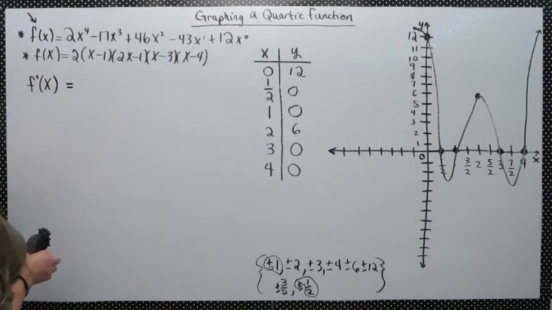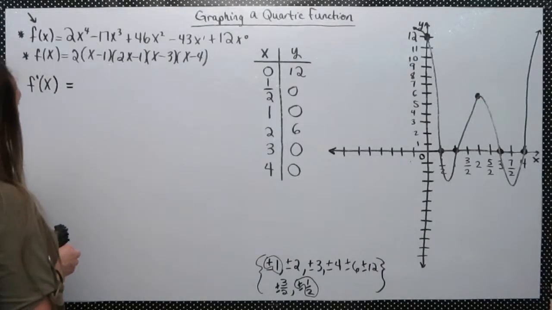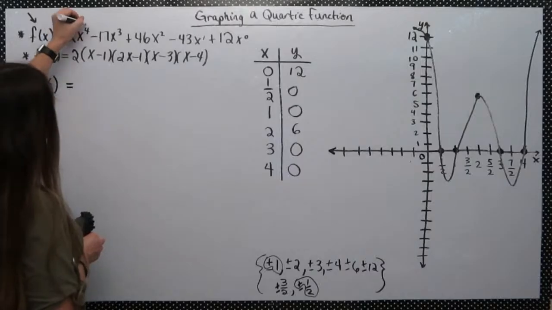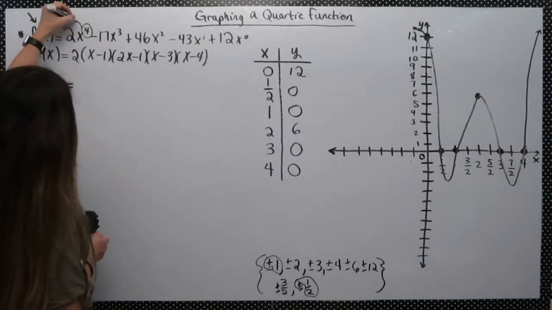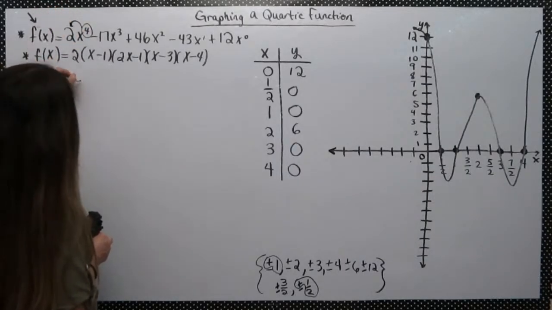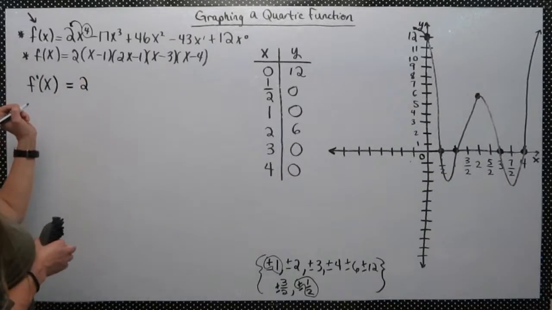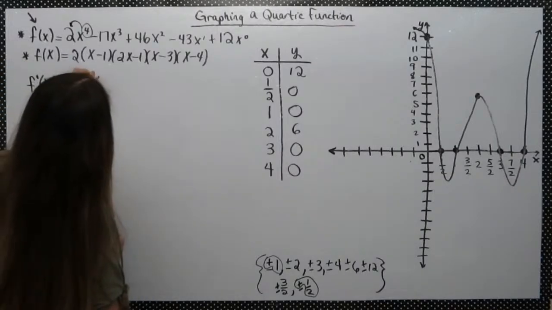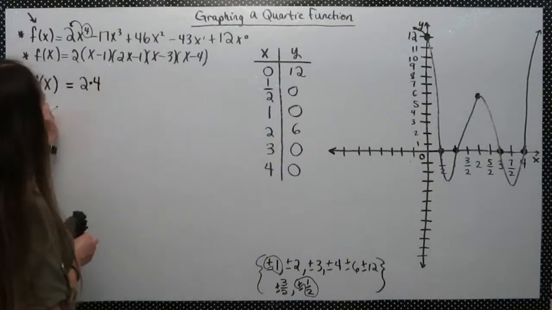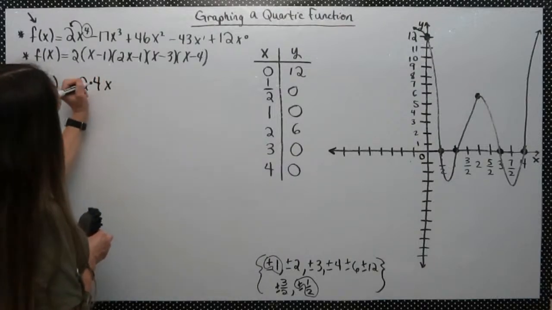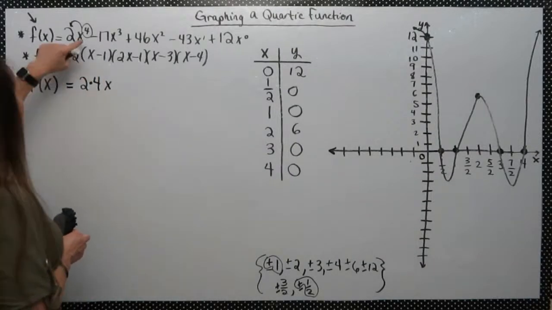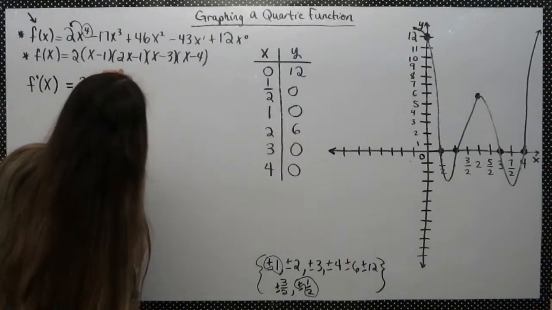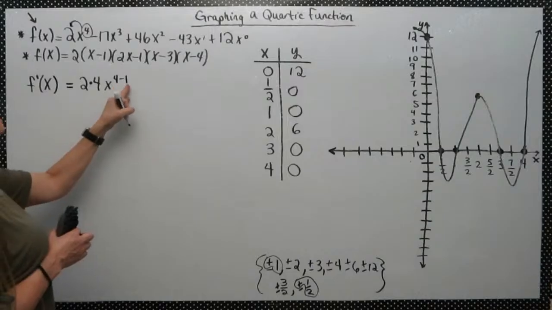All right, so we're going to start by using the power rule. Again, what the power rule is doing is you're taking the exponent and multiplying it. So it's going to be 2 times 4, and then you're going to have your variable. Then you subtract from the exponent, so you'll take it down a degree.